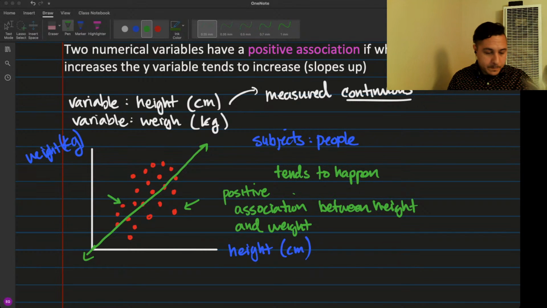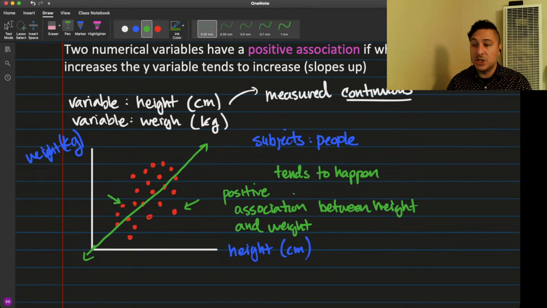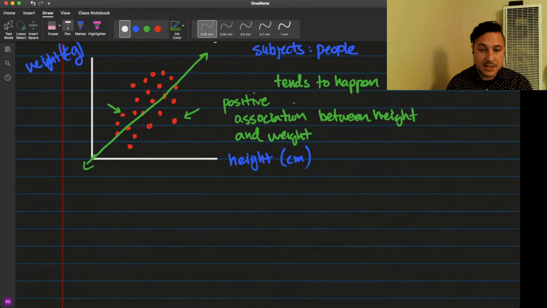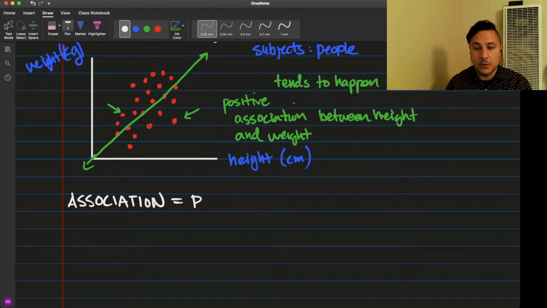So we've got our negative association, we've got our positive association. It's about what tends to happen. If there seems to be an association or relationship, we use those words interchangeably. If I'm talking about an association between variables, I mean that those variables seem to have some sort of relationship. So association is basically equal to relationship.